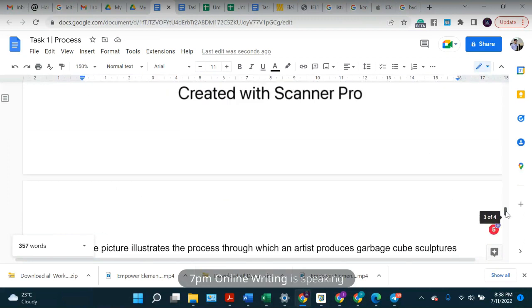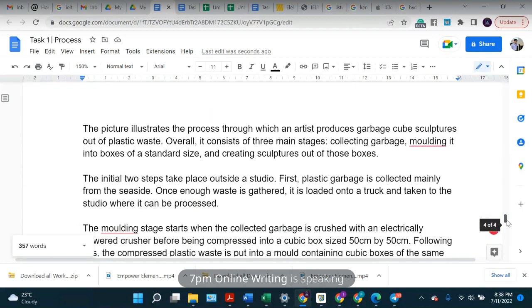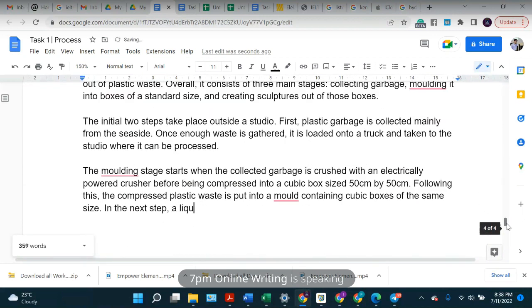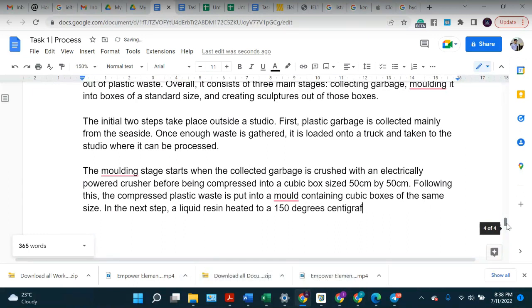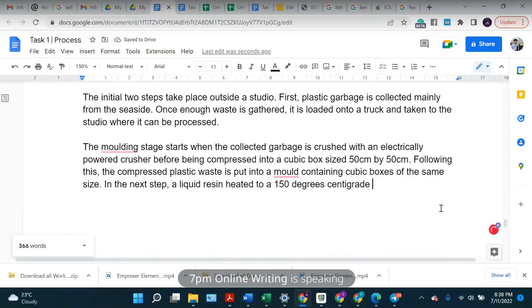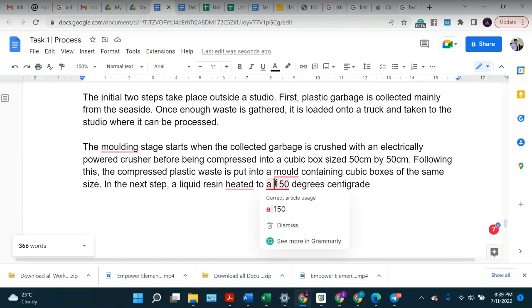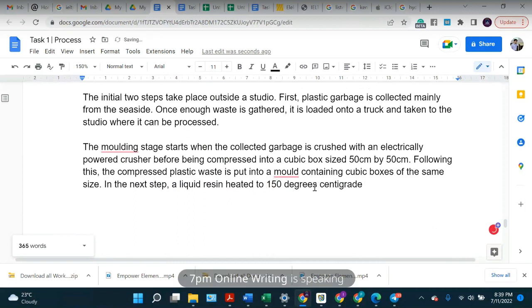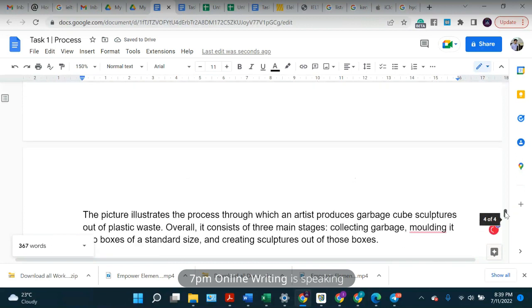So the next step, a liquid resin heated to 150 degrees. Is it centigrade, as you put? Centigrade or Celsius, doesn't matter. They are synonyms. So it's heated to 150 degrees centigrade is added in order to, well, what is it?